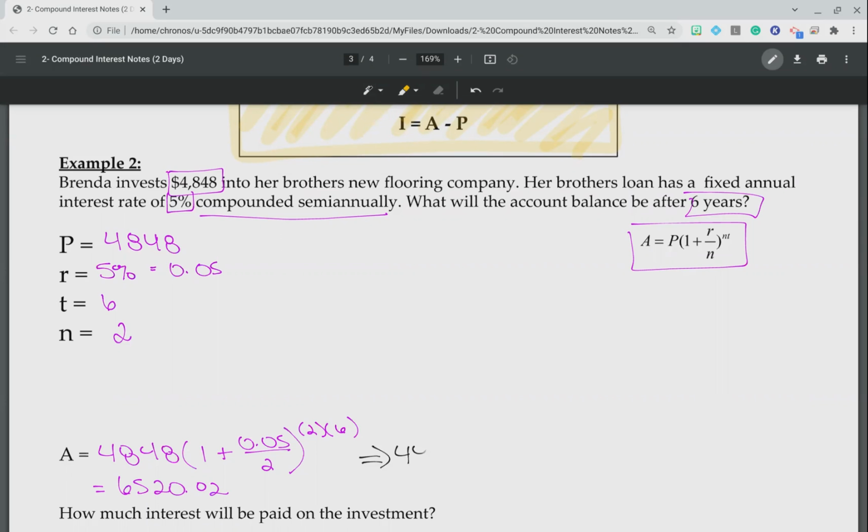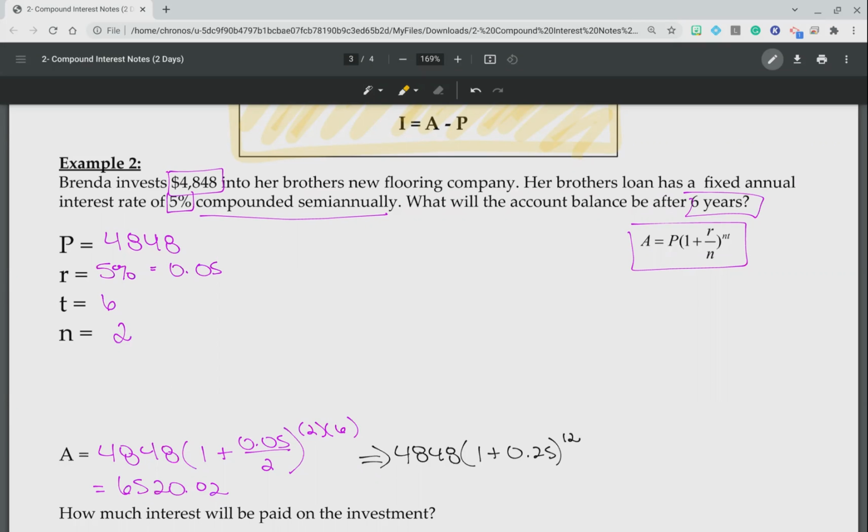Now, again, if you don't have a graphing calculator, you may have to take a couple more steps here. So I would have 48 times 1 plus, I'm going to do 0.05 divided by 2 in my calculator. And I get 0.025. And then my exponent's going to be 12.